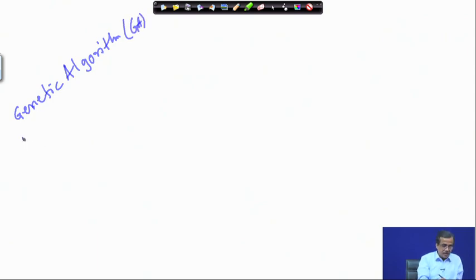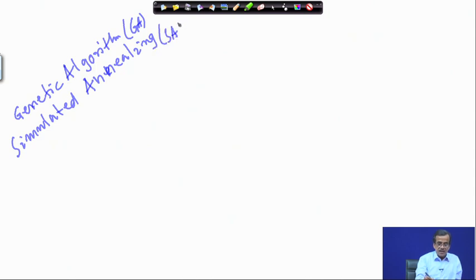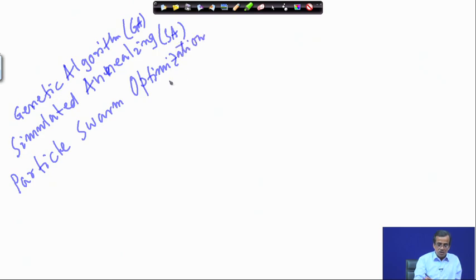Then we have got the simulated annealing, in short this is known as SA. Then we have got particle swarm optimization, in short this is known as PSO.